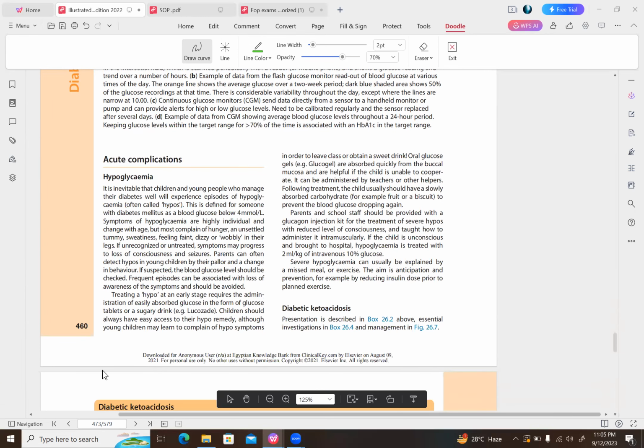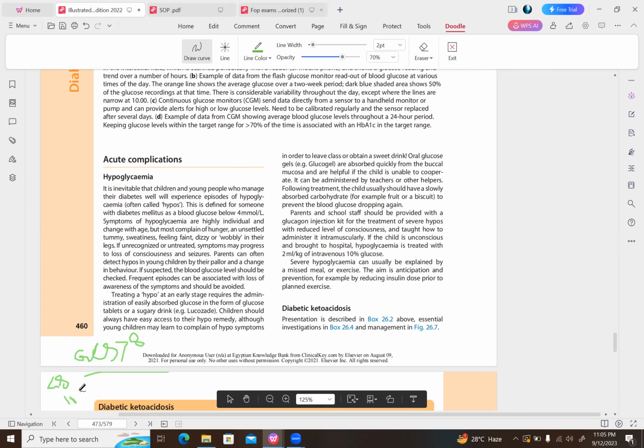Yes, about hypoglycemia, how you treat a patient with hypoglycemia. First of all, if the patient's GCS is more than 8, always go for the oral option. If the GCS is less than 8, then you can go for the IV option.